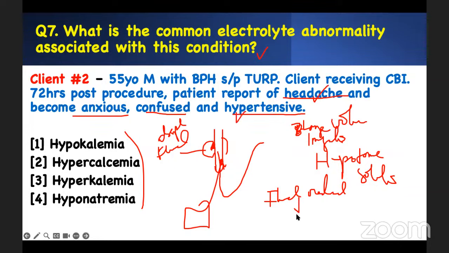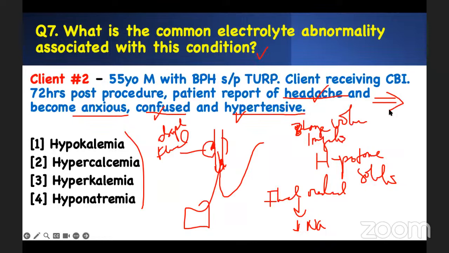This fluid will dilute your sodium and you have hyponatremia. That's why he's confused. He's anxious because he's fluid overloaded.